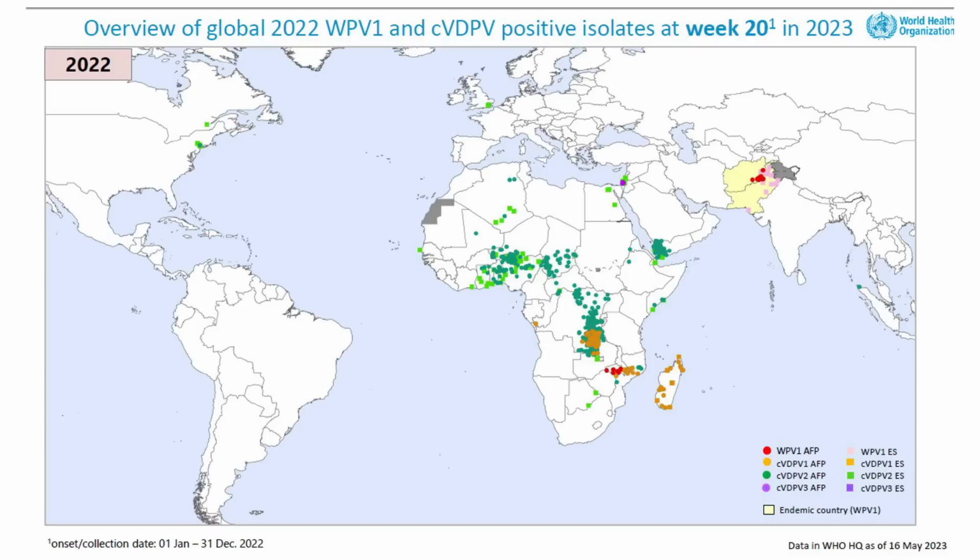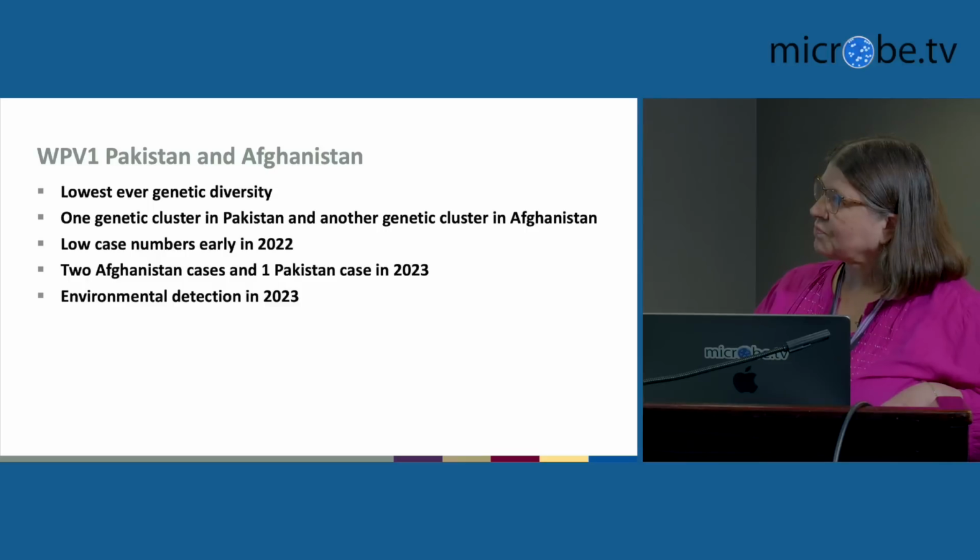The kind of scary thing is that there's an increasing amount of cVDPV1 in this goldish color in a number of countries. And there are also continued high levels of cVDPV2, AFP and environmental, and just a little bit of cVDPV3, which is typical of what we've seen in the past.